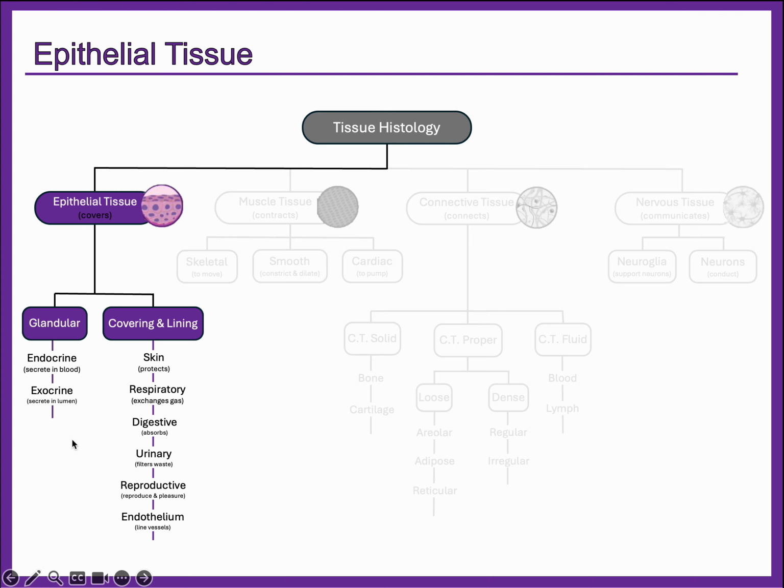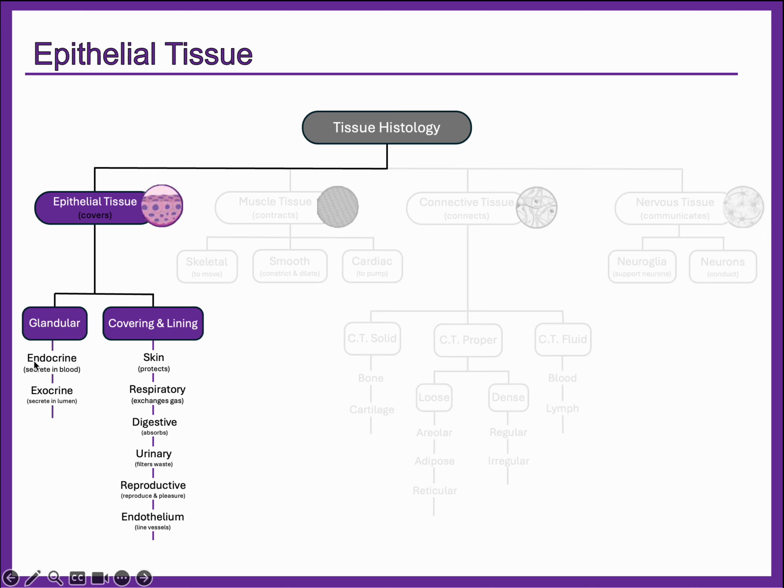So epithelial tissue, we know that the main function of this is that it covers. Now, there are two categories here. There's glandular epithelium, which is for glands. Glands produce things and secrete them out. They make stuff and then shoot it out.